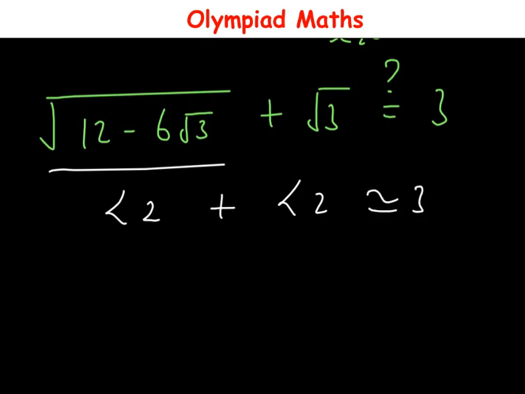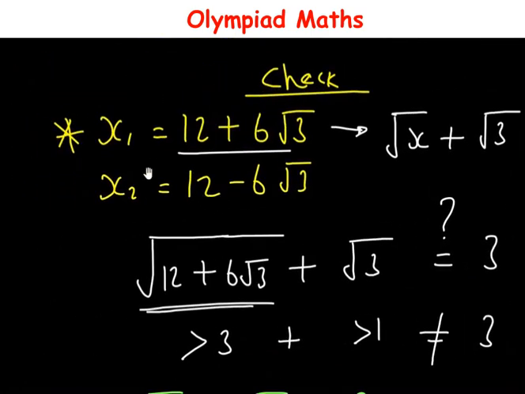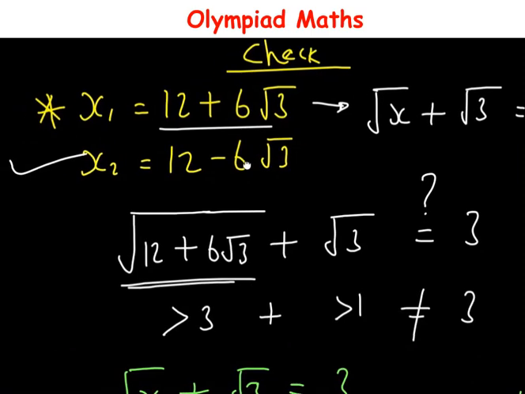So therefore, the closest answer for the solution is x equal to 12 minus 6 root 3. This gives a value that is approximately 3. Good. So with this, we've gotten the correct solution.